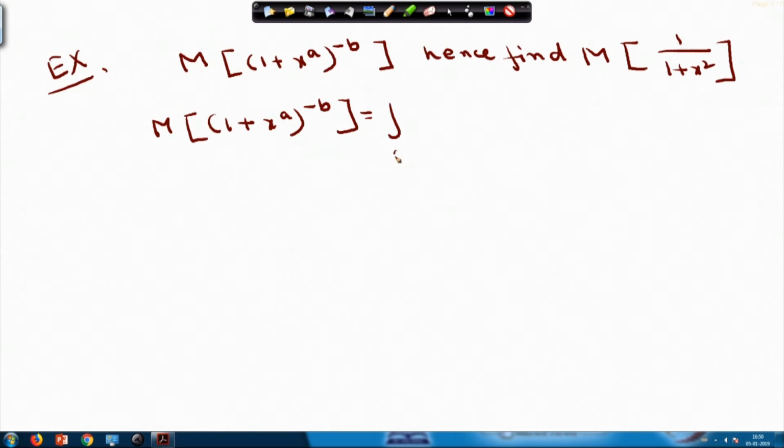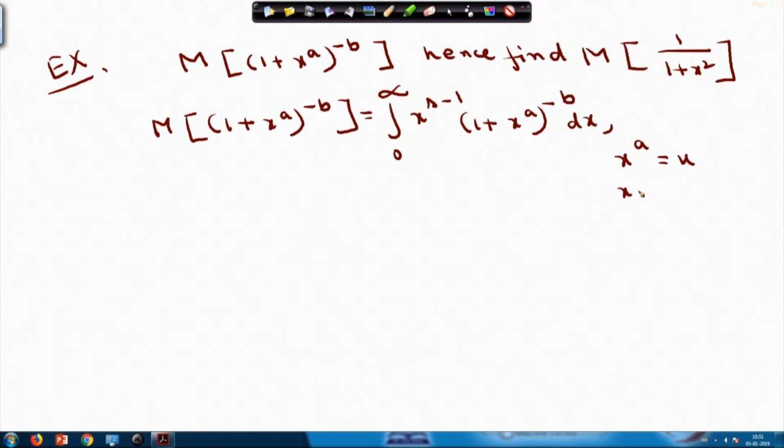From the definition I can write this as the integral from 0 to infinity of x to the power s minus 1 into (1 plus x to the power a) to the power minus b into dx. Let us make a substitution, say x to the power a equals u.